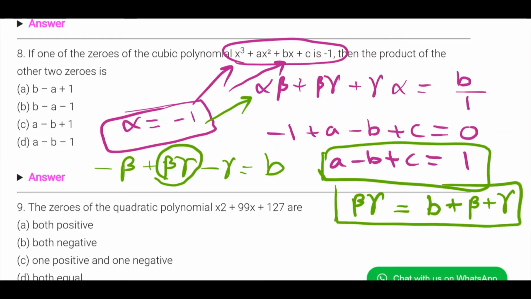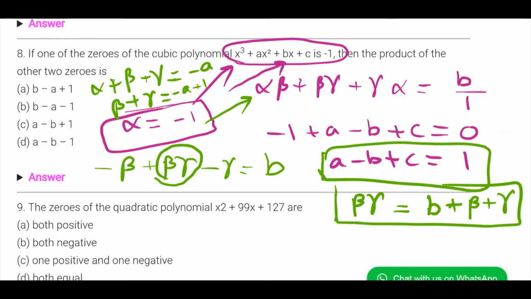If I find the sum of the roots, alpha plus beta plus gamma equals minus a by 1. If alpha equals minus 1, beta plus gamma equals minus a plus 1, when you send it to the other side.